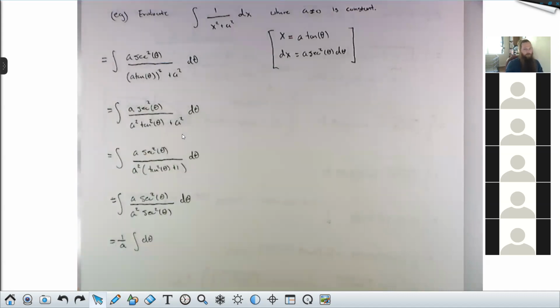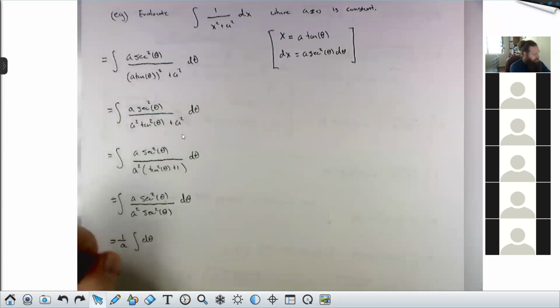Secant squared over secant squared is 1. Which is 1 over a times theta plus c.